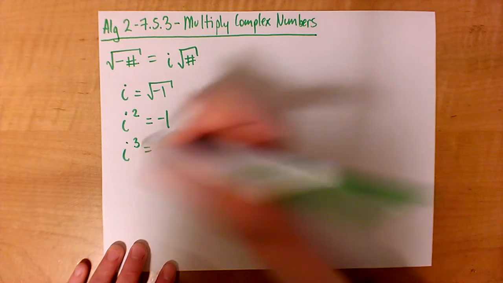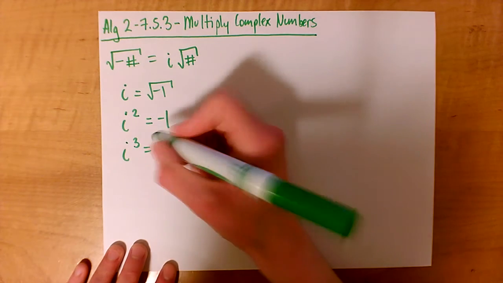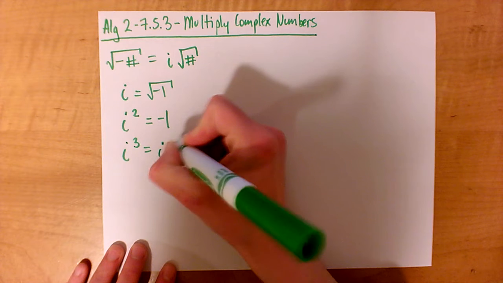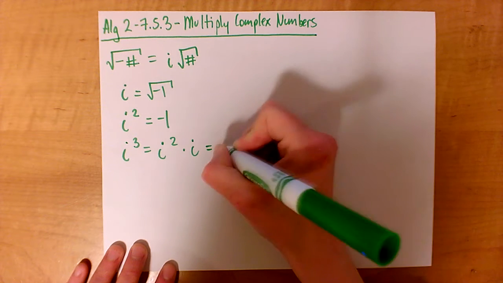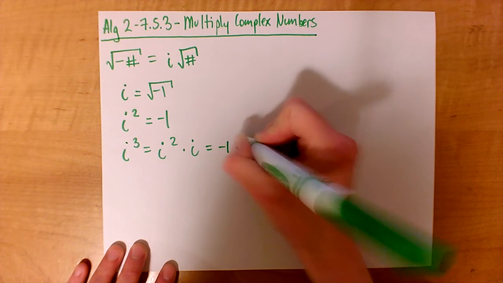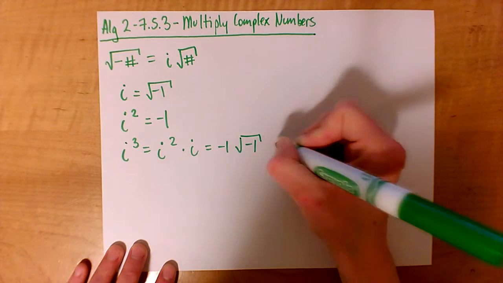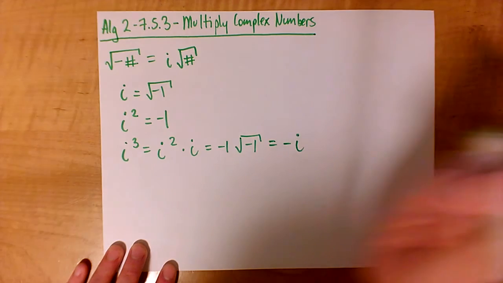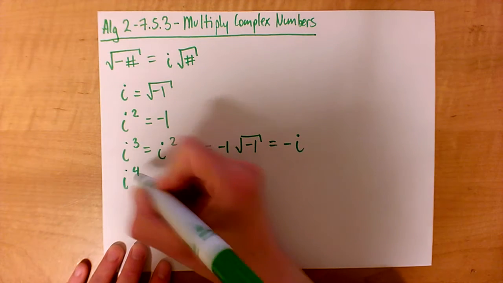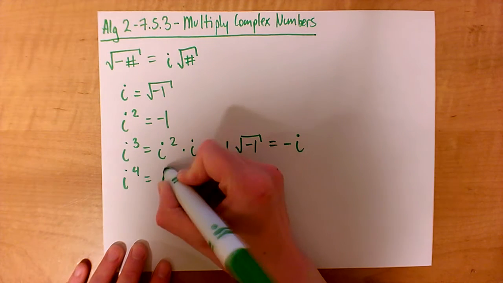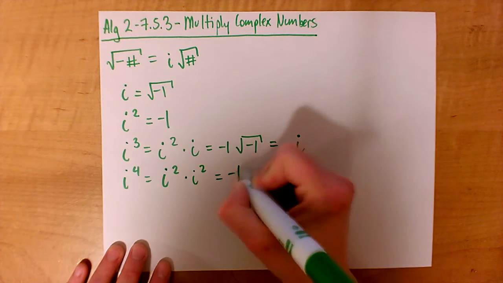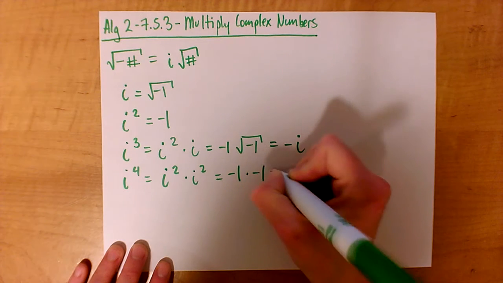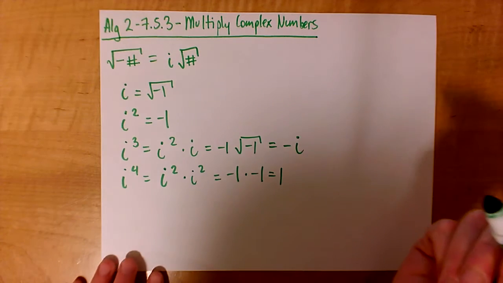So i cubed is the same thing as i squared times i to the 1, which is -1 times the square root of -1, which turns into -i. So then i to the 4th is the same thing as i squared times i squared, which is the same thing as -1 times -1, which is +1.